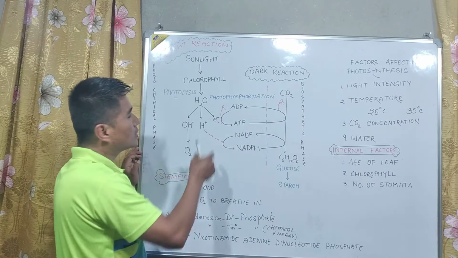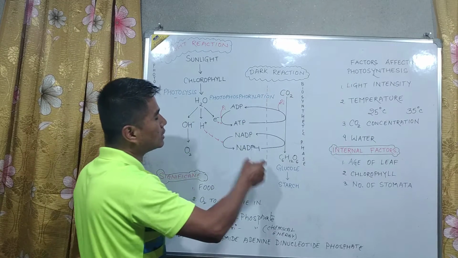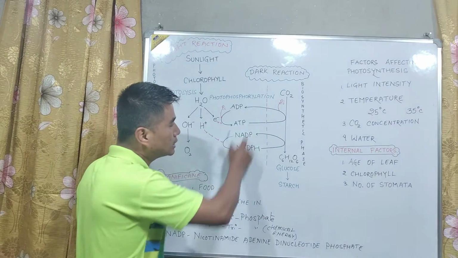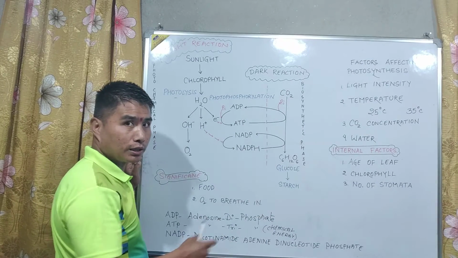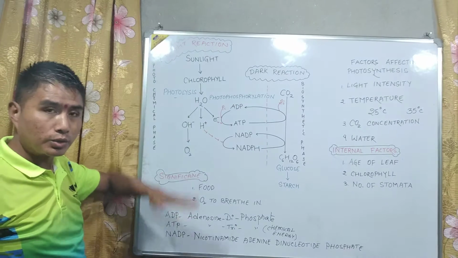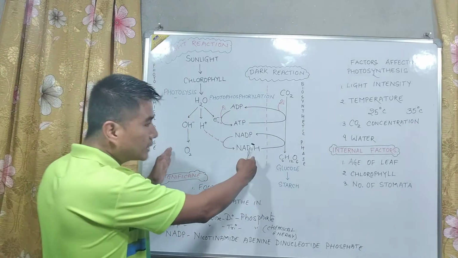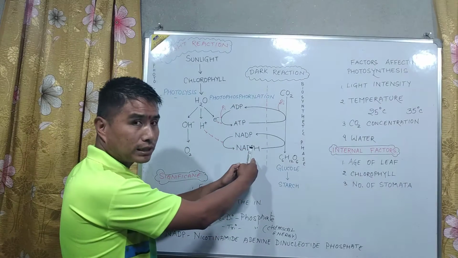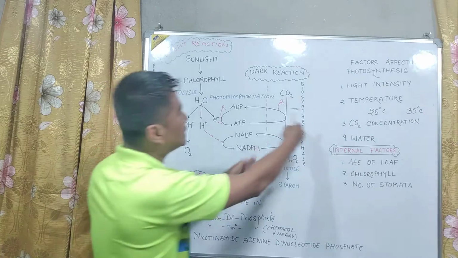Carbon dioxide is waiting for hydrogen, and that hydrogen directly cannot attach with carbon dioxide. It has to go through a series of processes in which sunlight and chlorophyll and water play a vital role. So that means there is a first section, and the results of the first section are utilized in the second section.